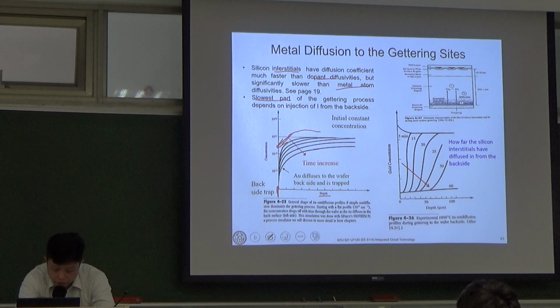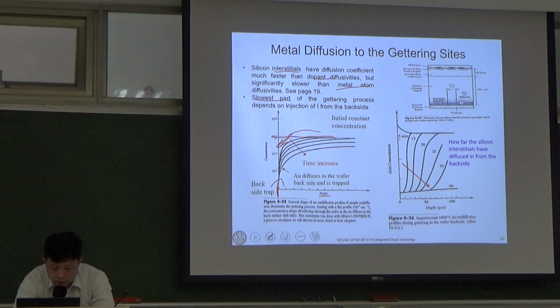You're starting with a more flat profile, like 10 to the 15. And then this concentration drops with your time, as the gold diffuses to this backside here.